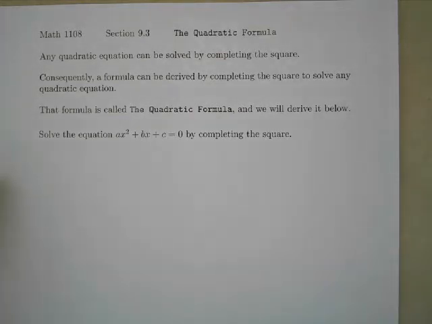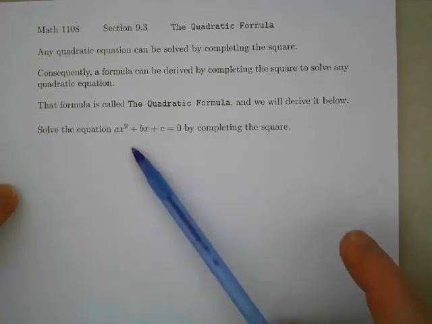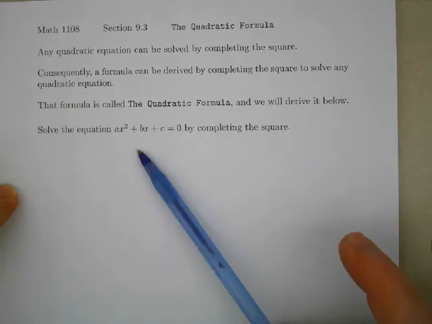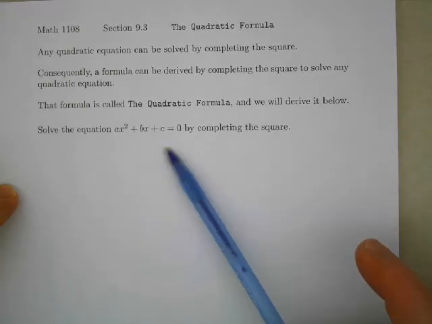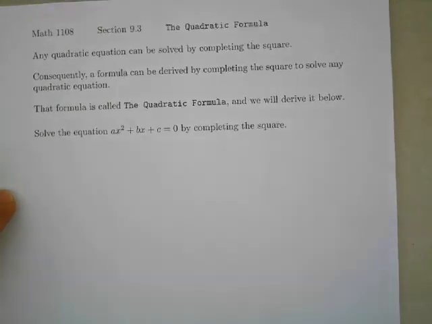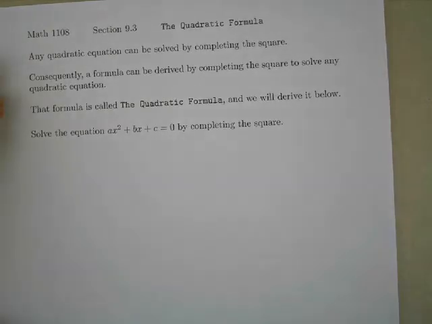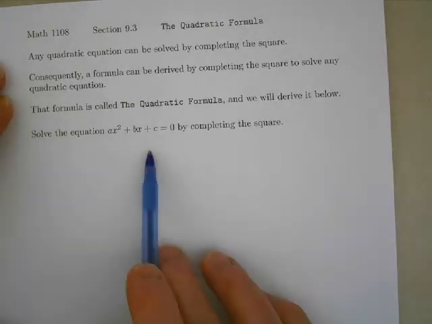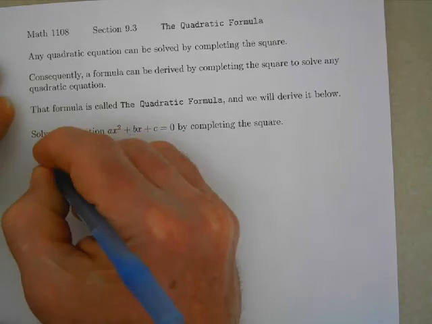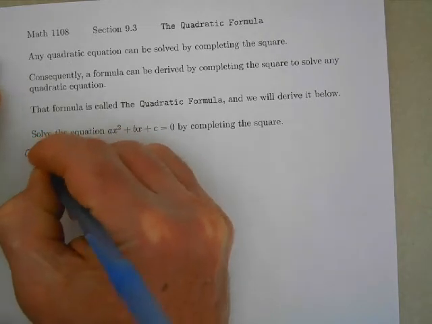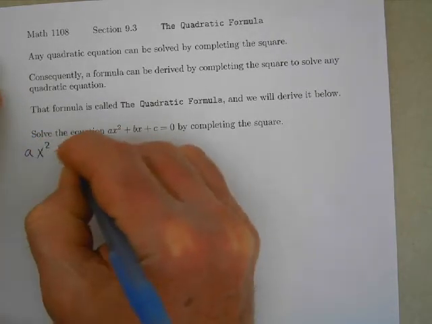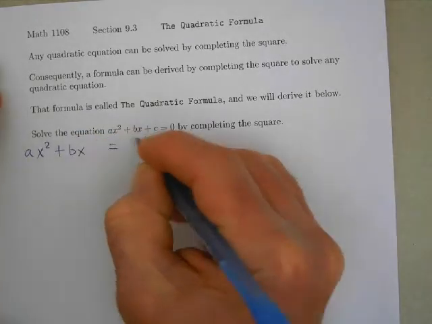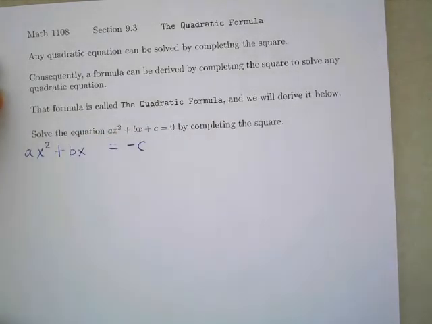The derivation of the quadratic formula is the result of solving ax squared plus bx plus c equals 0 by completing the square. The first thing we do is subtract c from both sides. We get ax squared plus bx equals negative c.